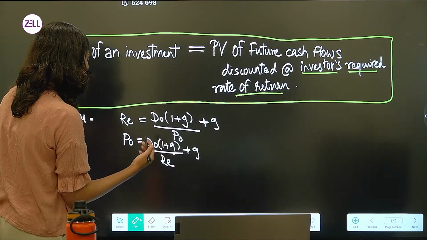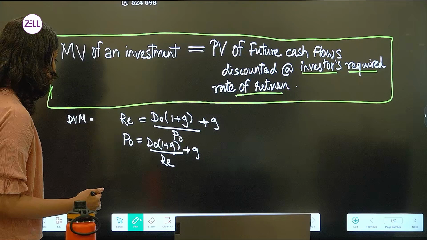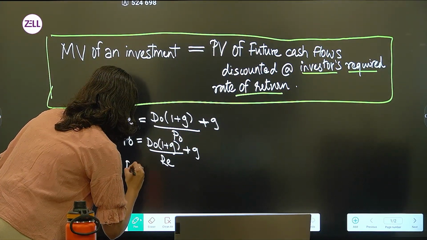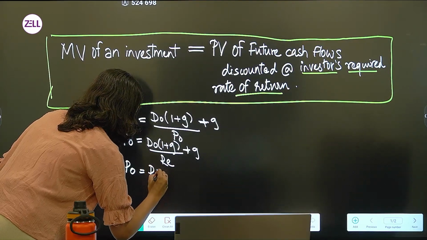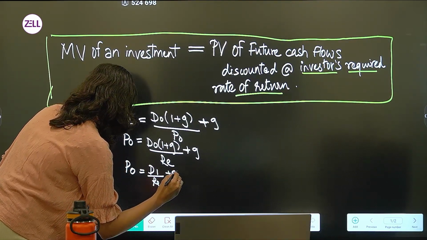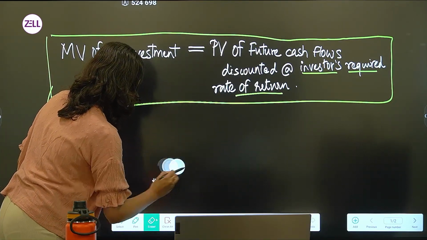But then I want to know what is the market price of the share. So can I say P0 is equal to D1 divided by RE plus G? One second. I will do it properly over here.